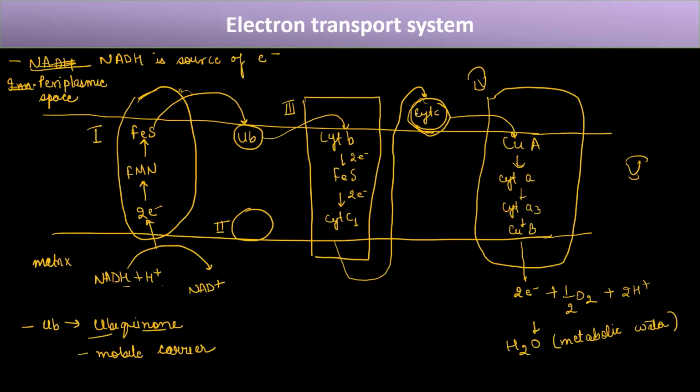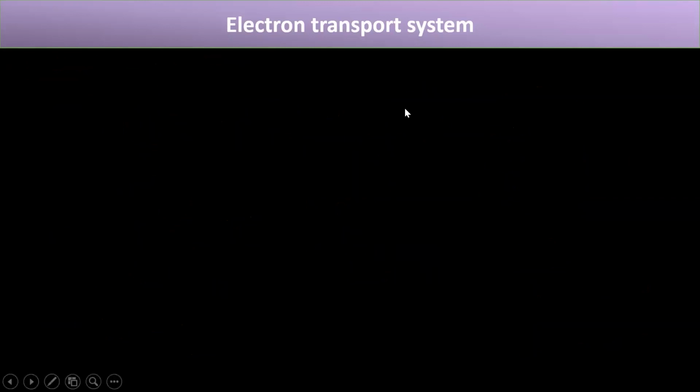One of the different things we can see is the location of this cytochrome C. Although it is located on the inner mitochondrial membrane, all of these others are located in between the two membranes, while this cytochrome C is mostly towards the outside. So first of all, the important thing is the location of cytochrome C.